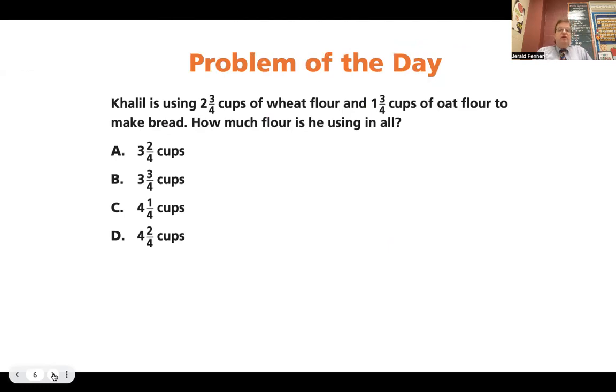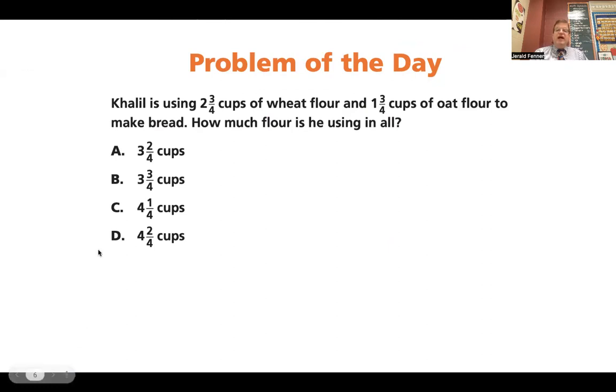So today's problem of the day. Lil is using 2 3/4 cups of wheat flour and 1 3/4 cups of oat flour to make bread. How much flour is he using in all?